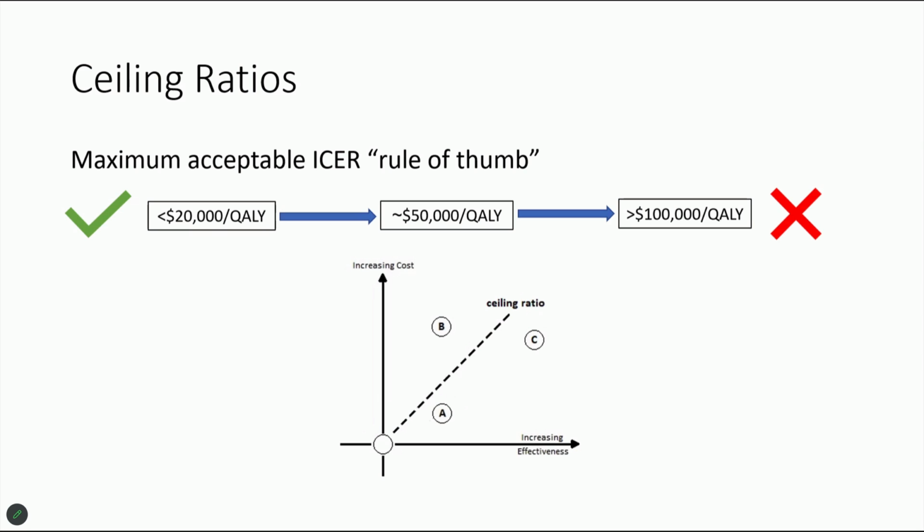In fact, the topic of how this number should be established is greatly debated. But in general, ICERs trending down towards $20,000 per QALY are widely accepted, while those reaching $100,000 per QALY are rarely accepted. NICE in the UK uses a relatively strict cutoff of 20,000 pounds per QALY.